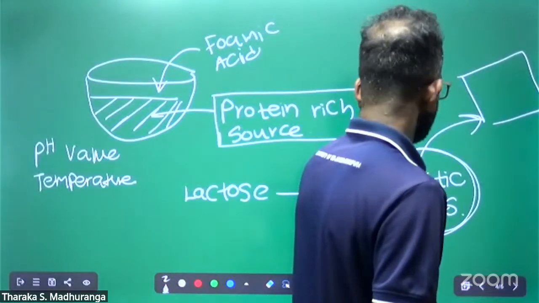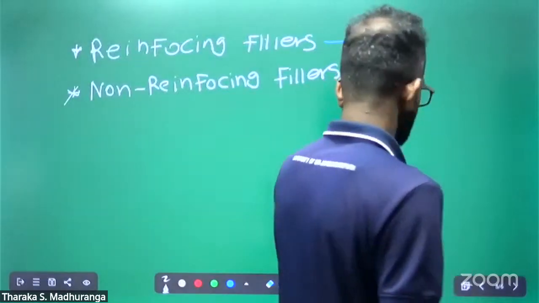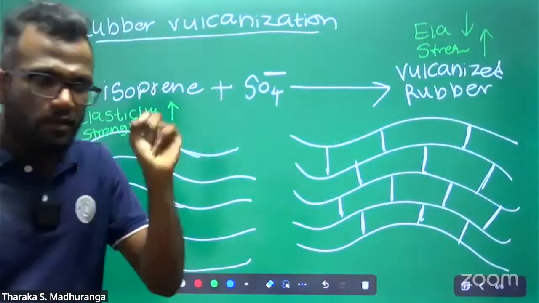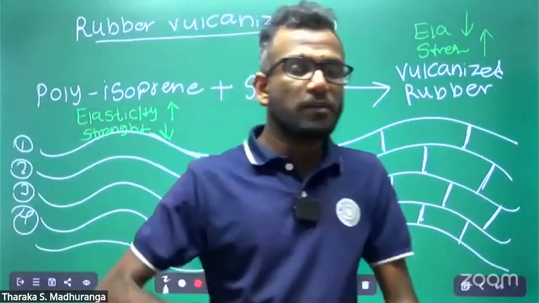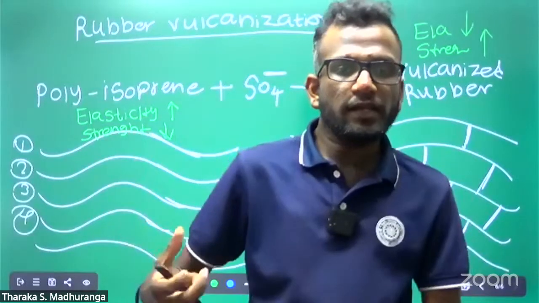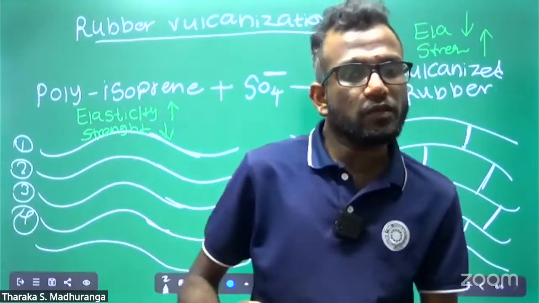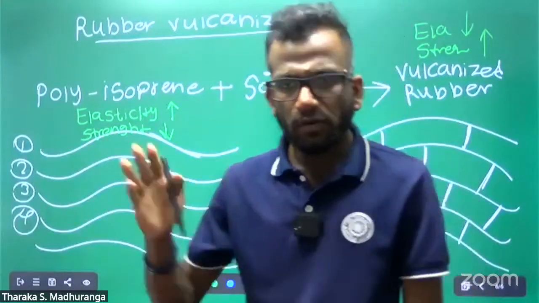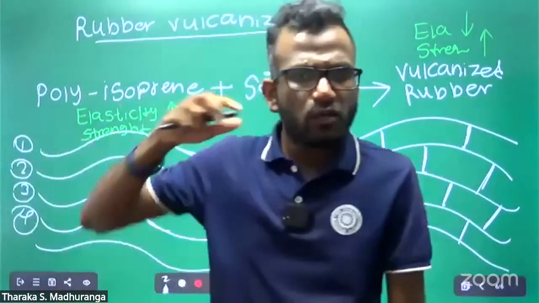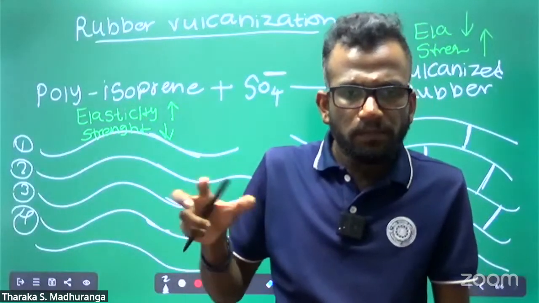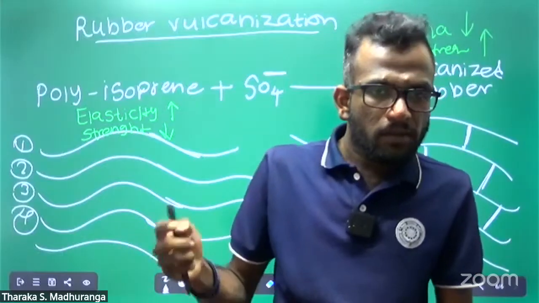If you understood up to this level, that's enough. But you have to identify that there are some additive materials and filling materials we add to increase the quantity of the rubber and to improve its properties. Normally tires and shoes are not produced by rubber alone.